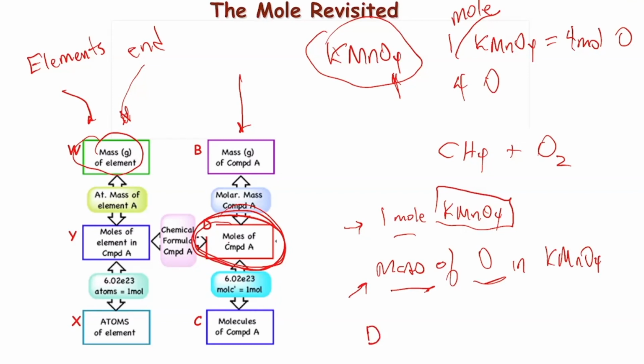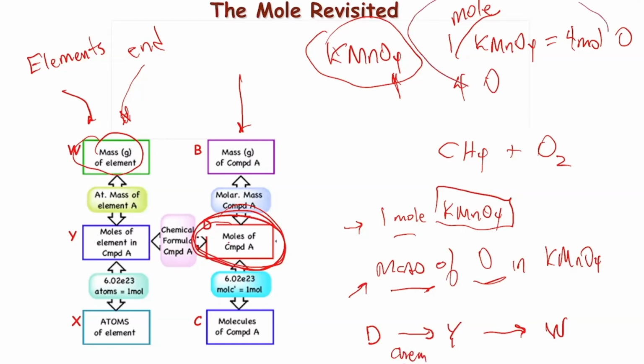There is no bridge to get there. I have to get there by these stepping stones. These stepping stones are the conversion factors. In order to get to W, I need to first go to Y, and then from Y, I can go to W. And between D and Y, I need the chemical formula.